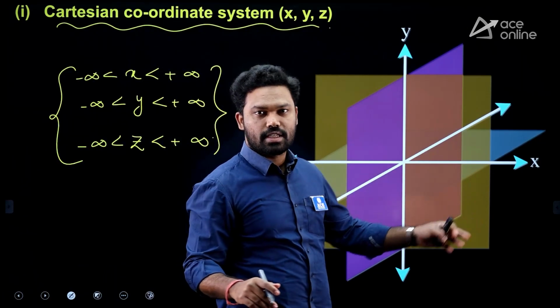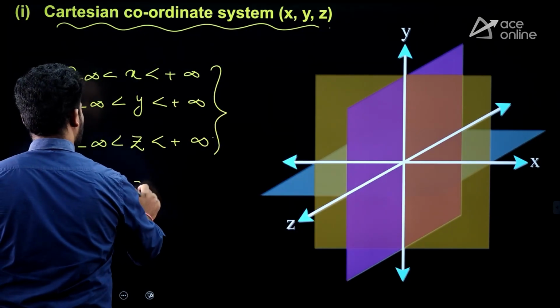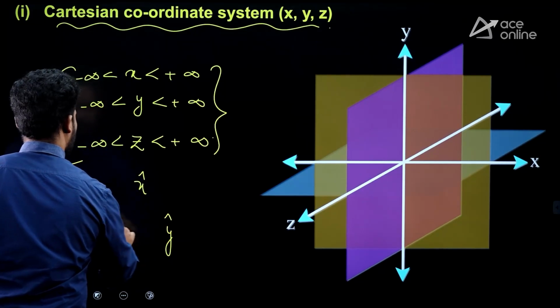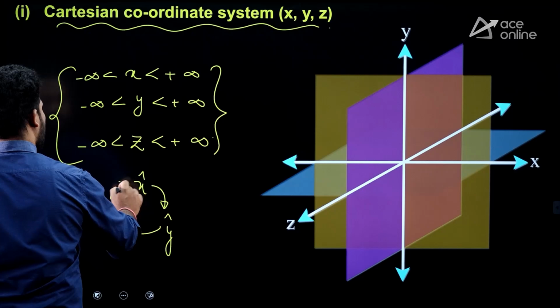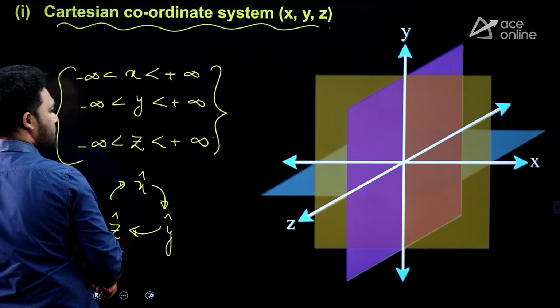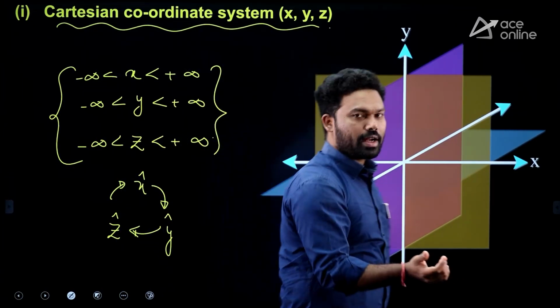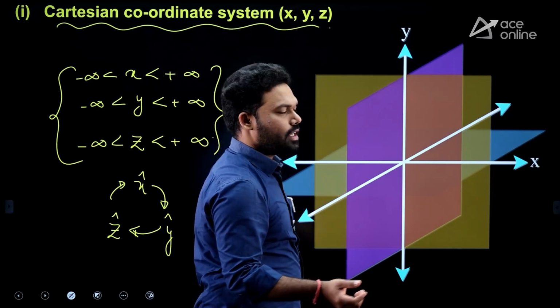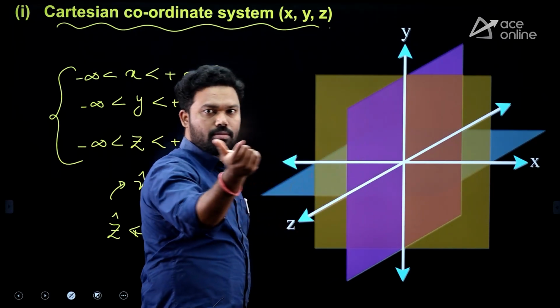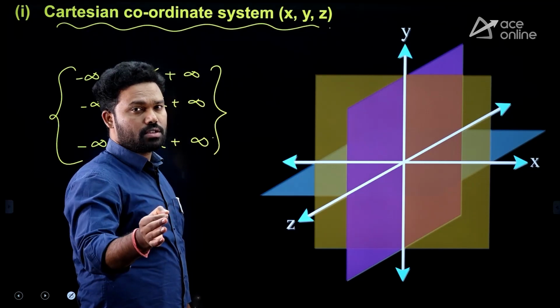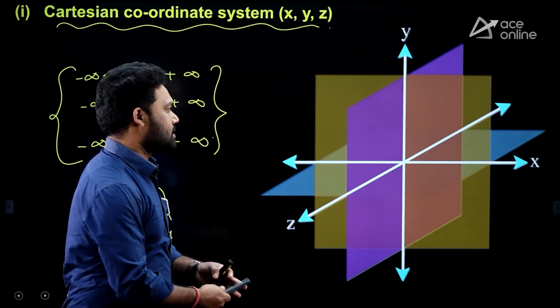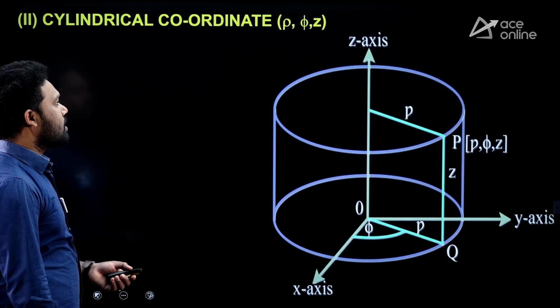X cross y is z, y cross z is x. That means if I move my right-hand fingers from x to y, my thumb will be in the z direction, and so on. Whenever you draw the coordinate system, you must follow right-handedness. This is all about the Cartesian coordinate system.